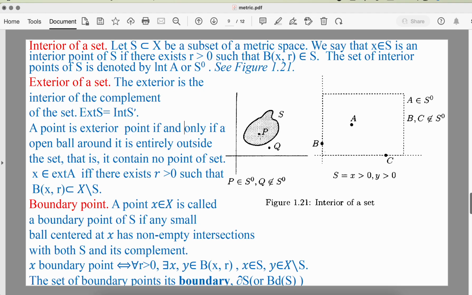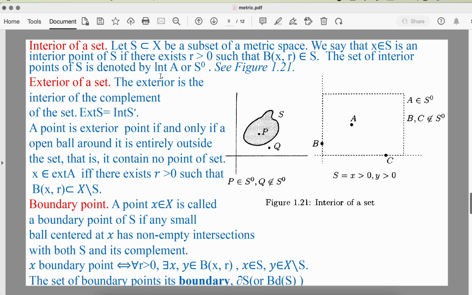It means P belongs to interior of S. But Q does not belong to interior of S. If we consider this set where x is greater than 0 and y is greater than 0, we see that A is in the interior of S, and B and C do not belong to interior of S. B is on the boundary and C is on the boundary. So we say that x is an interior point of S if there exists r greater than 0 such that the ball centered at x and radius r is contained in the set.